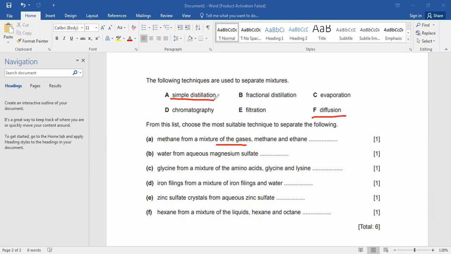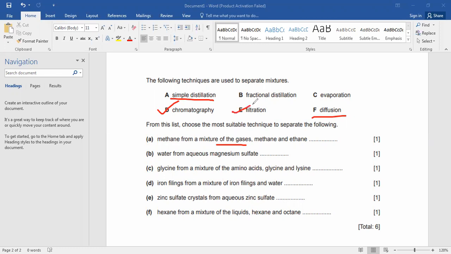Simple distillation, right? Then glycine from a mixture of amino acids. Again, amino acids are soluble solids, which means we have to use chromatography. Then iron filings from a mixture of iron filings and water. Here again, filtration, right? Because this will not dissolve in water.